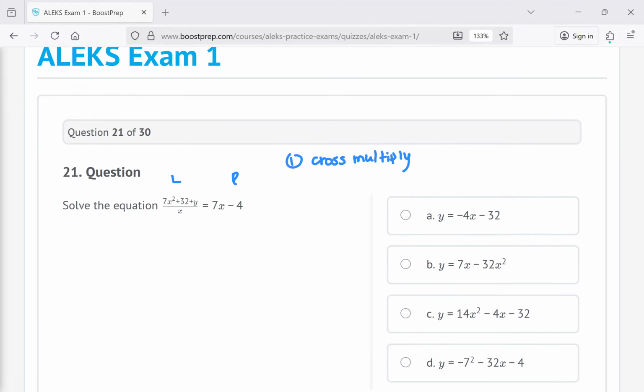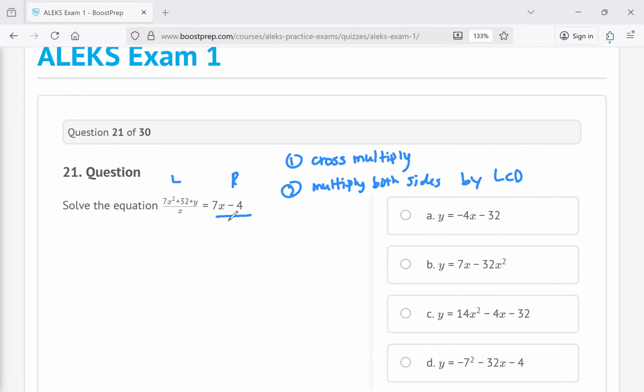If it was more than two sides, you would have to get rid of the fraction by multiplying by the LCD. And then the last option is you can get rid of the fraction by multiplying both sides by the LCD, right? What I'm going to do is I'm just going to cross multiply. I think it's easier.